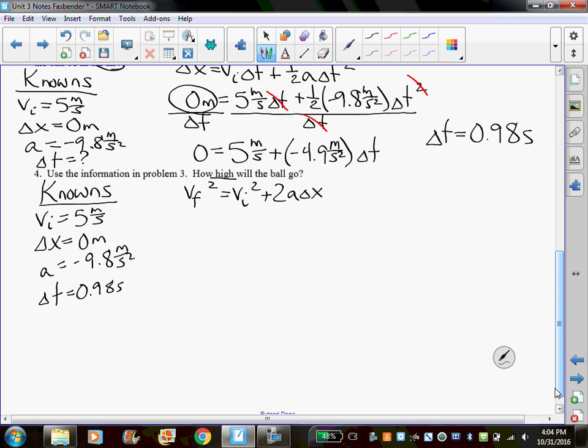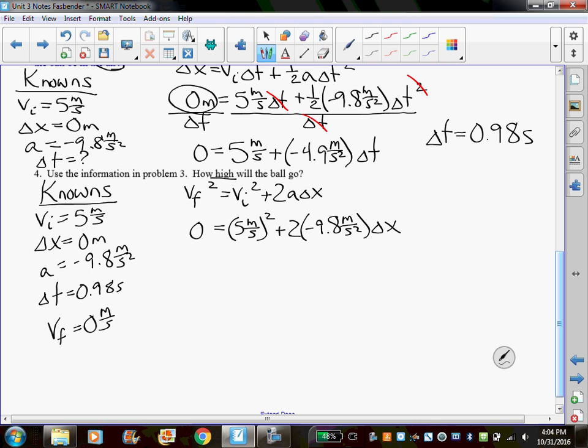So we actually could add that to our knowns table. Vf is equal to 0 meters per second. So we end up getting that 0 equals 5 meters per second squared plus 2 times negative 9.8 meters per second squared times delta x.